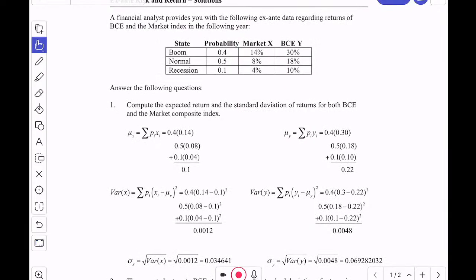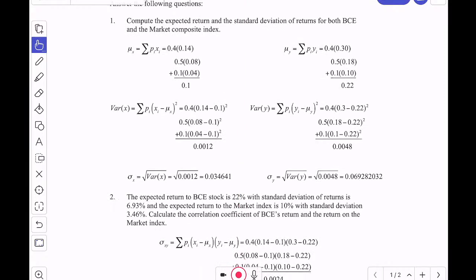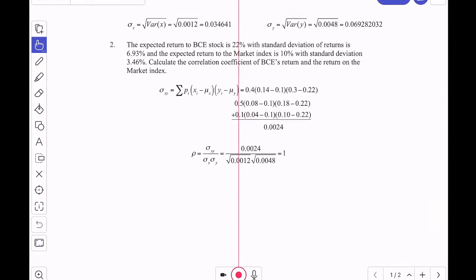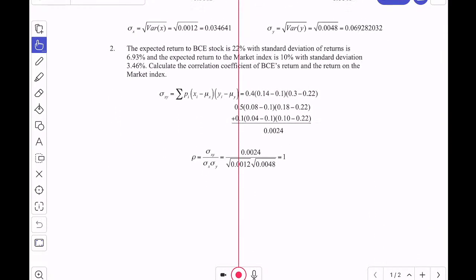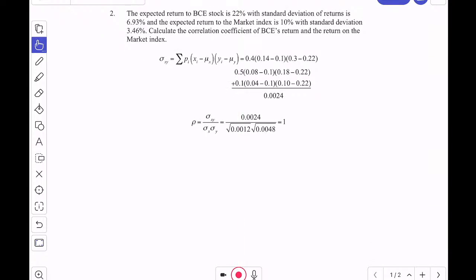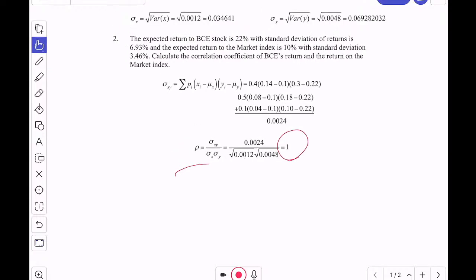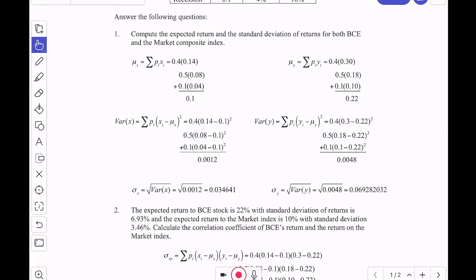So this is a 25.2. So you can practice making these calculations in Excel to see if you can get them. And you find out that the correlation coefficient actually is 1. So correlation is 1 as well for this data set as the other. So it means perfect positive correlation.